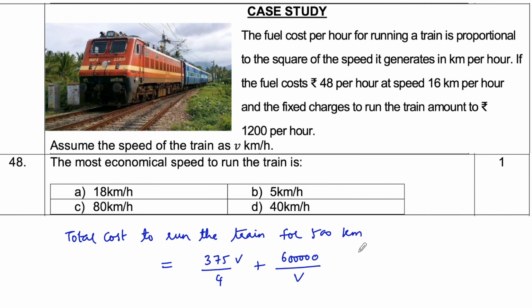This is for 500 kilometers. Now using this relation, let us find the economical speed to run the train.